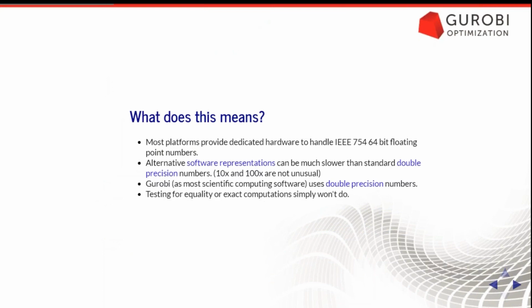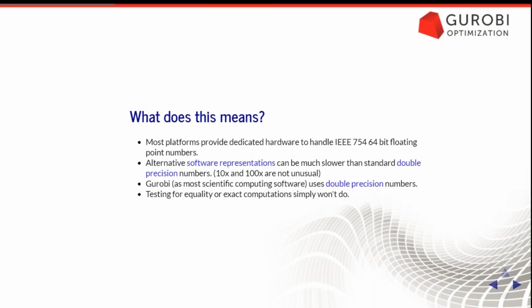So that really means that we have to be very careful on how we do arithmetic in the computer. Now, let me explain a bit more about this. What does this mean? Most platforms provide a chip-based implementation of these floating point numbers, this kind of approximation of real numbers.